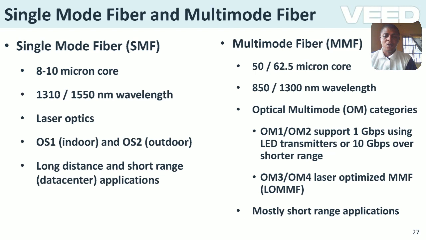One of the features is that it has an 8 to 10 micron core. Number two, the wavelength it covers is 1310 to 1550 nanometers, so you can see the distance is very huge. It uses laser optics.